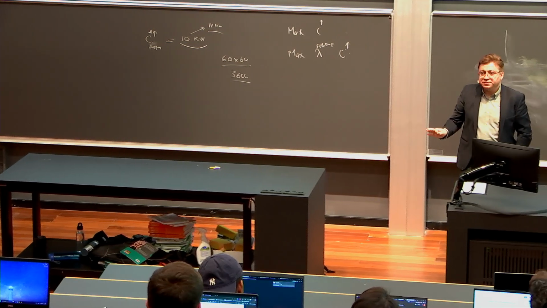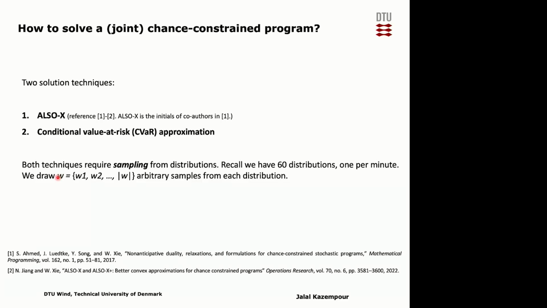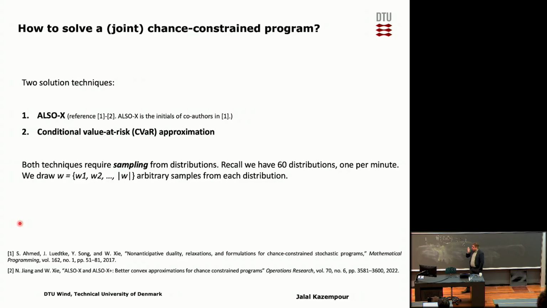Are you following me? Good. But unfortunately, I didn't have second level data. So how can we solve this problem? We cannot solve this problem as it is. There are many different ways. It's still active research in the OR community how to solve chance constraint problems.